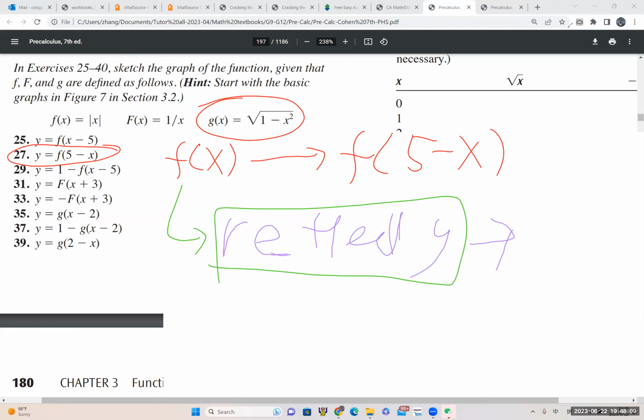Even function? No, even function just talks about one function. When we say a function is even or odd, we just have one function, right? But here, f of x is the first parent function. If you do any transformation, you get a new function. Who is related to the parent function?